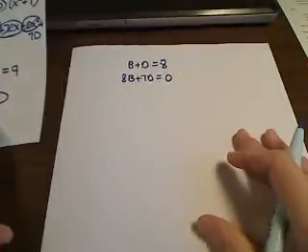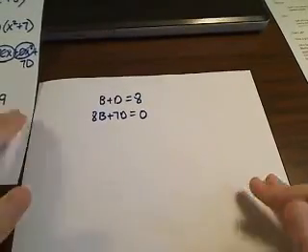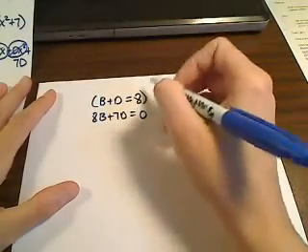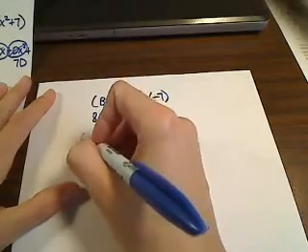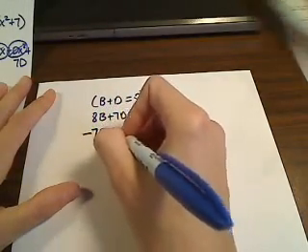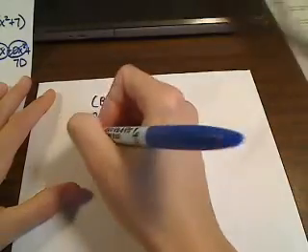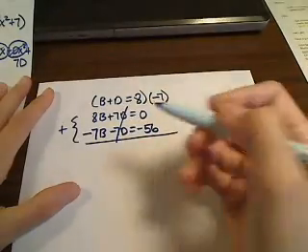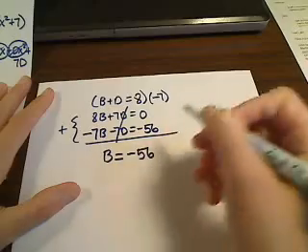And you can solve that by substitution or elimination, whatever you would like. I think I'm just going to go ahead and solve it by elimination. So I'm going to multiply this top one here by negative 7. So that's going to give me a negative 7b, a negative 7d, and a negative 56. And that's going to allow me to add these two equations, and the d's will cancel, and I'm left with a positive b equaling negative 56.